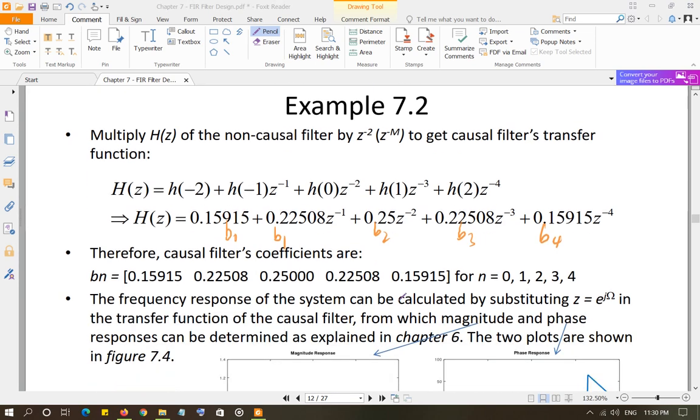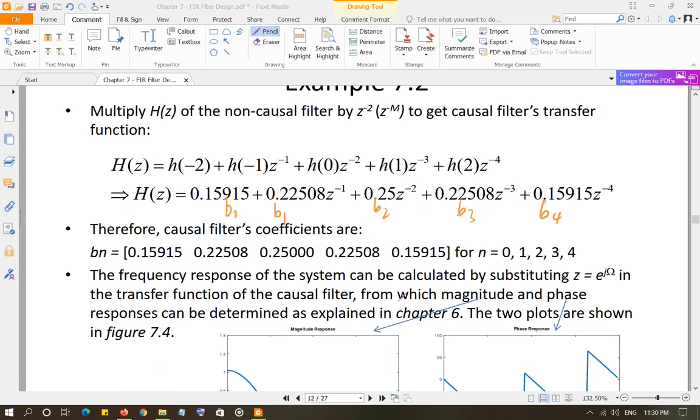Okay, when you have to draw the frequency response, like we did in chapter number 6, you put z is equal to e to the power j omega, right? And then for all z's, you're going to put e to the power j omega.